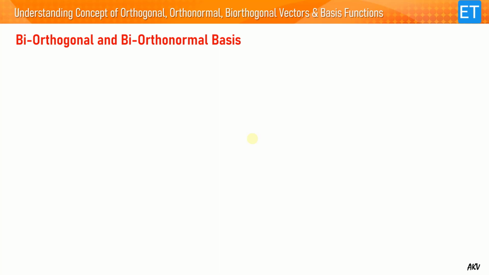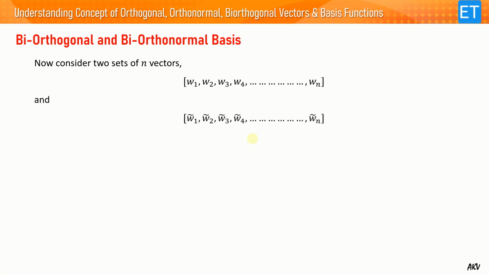So we'll consider here bi-orthogonal and bi-orthonormal basis functions. For this, consider two sets of such vectors. This is the one set and this is the second set, having n number of elements, I mean vectors, and these vectors are mutually orthogonal.